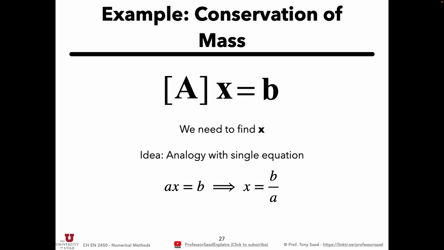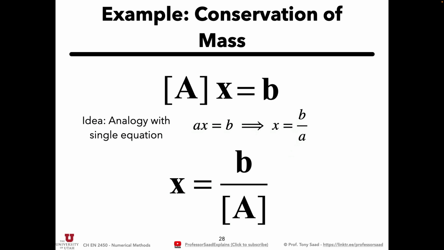So why not do the same with this system of equations? Why can't we say X equal B over A?